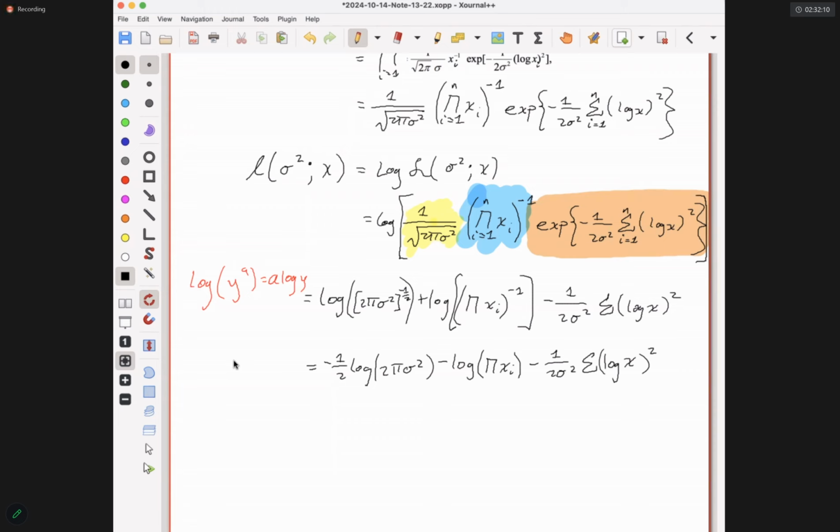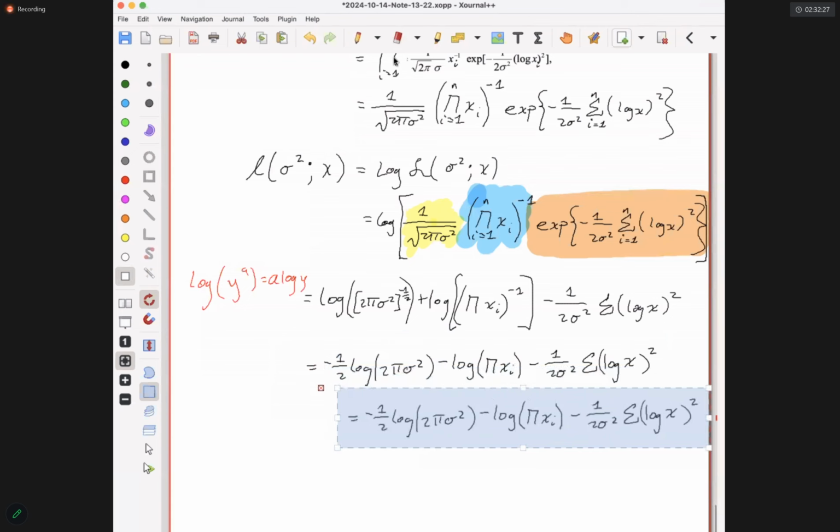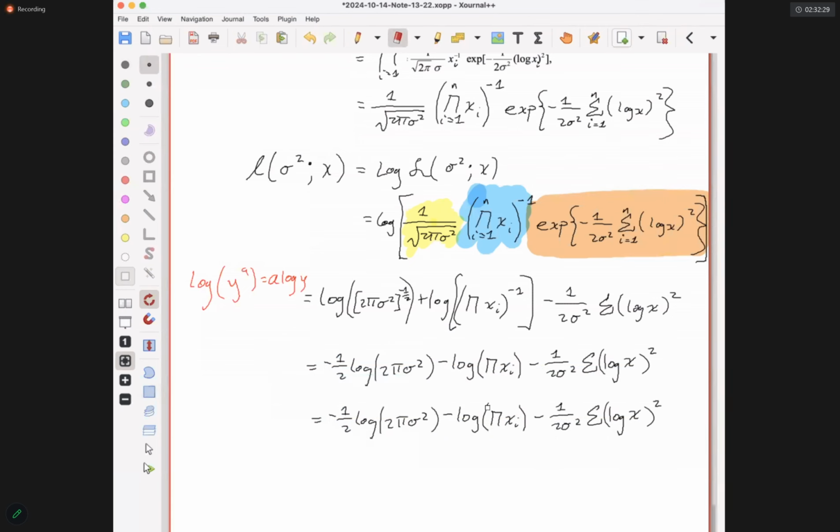What do we do about the middle term? The product. And what do we get instead?